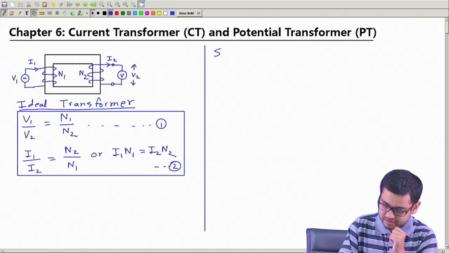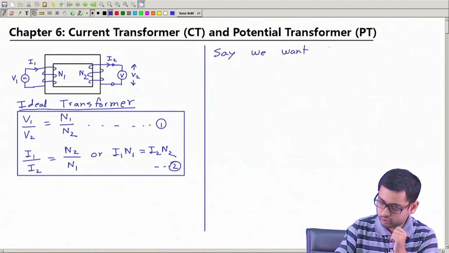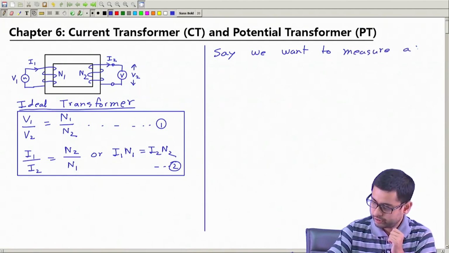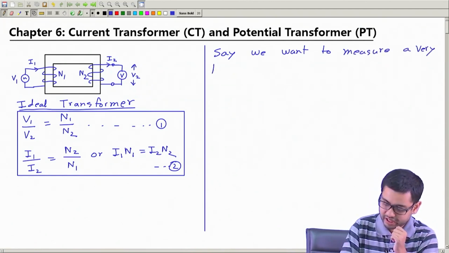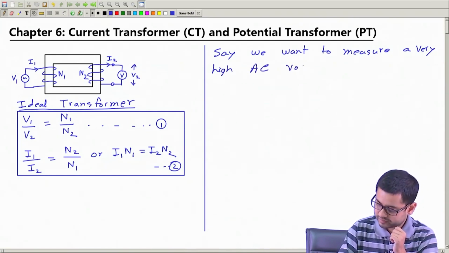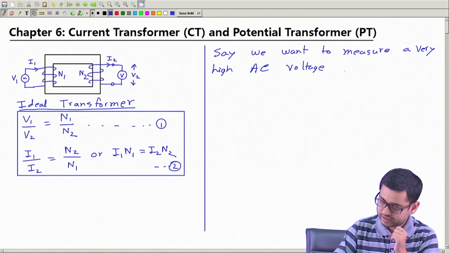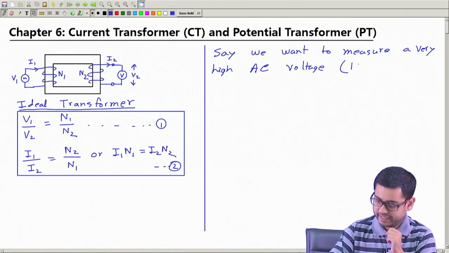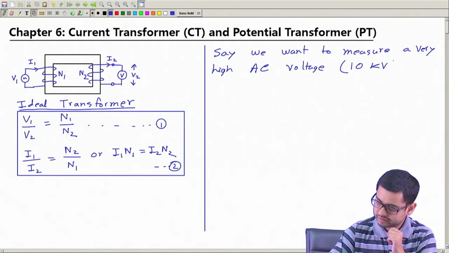Say we want to measure a very high AC voltage, of course, say maybe around 10 kV, 10 kilovolt.